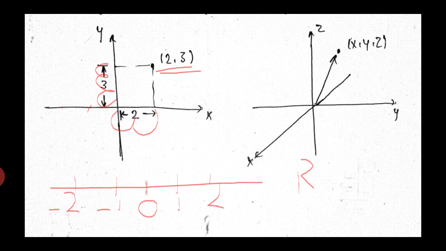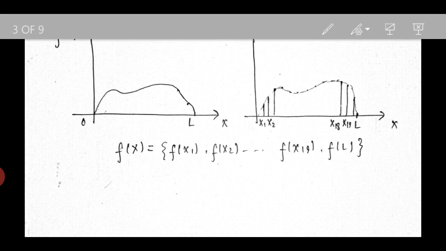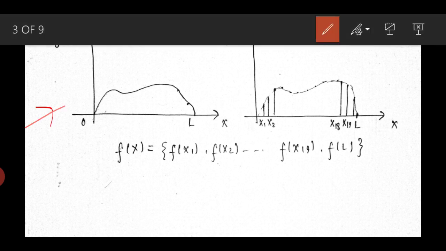Now suppose I am given a function that is given by the following graph on the left hand side. This function can be assumed as a string, where I fix the string at points 0 and L, and then I have some kind of curve on the string.